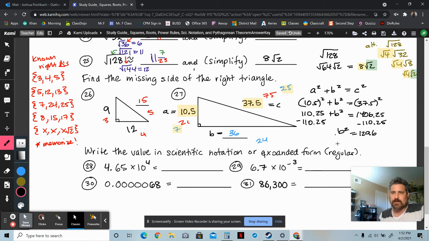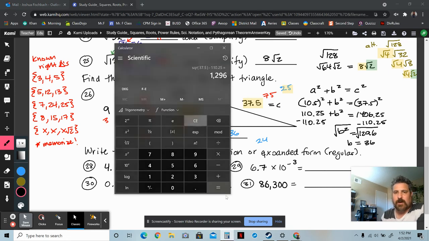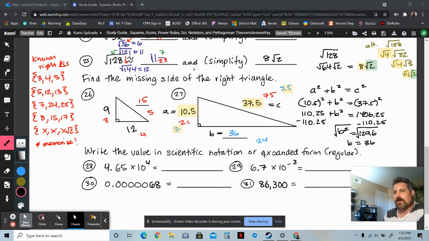And then you're going to have to take the square root of both sides to solve. The square root of 1296 is going to be 36. If you had a calculator, of course, you would know that. You won't have it memorized. But the square root of 1296 is going to be 36. So anyways, you can do it with the Pythagorean theorem. Obviously, it's easier if you memorize your right triangles and solve with that method.